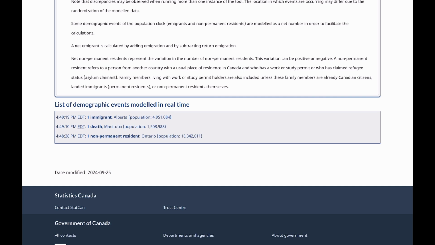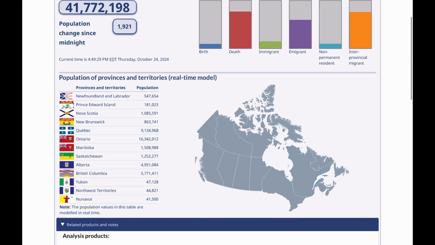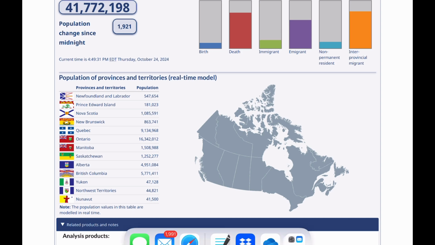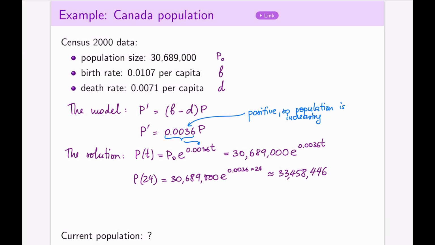It has to be close enough from the point of being built to the point where the prediction is made for the predictions to be realistic. So again, our predictions with our very simple model were a huge underestimate, right? The real Canadian population right now is over 41 million, whereas what we've computed was just over 33 million.